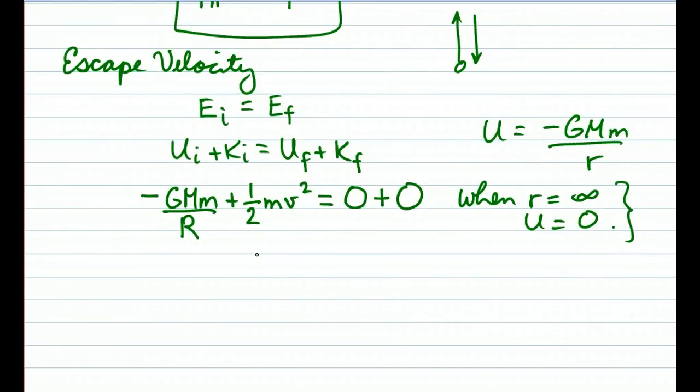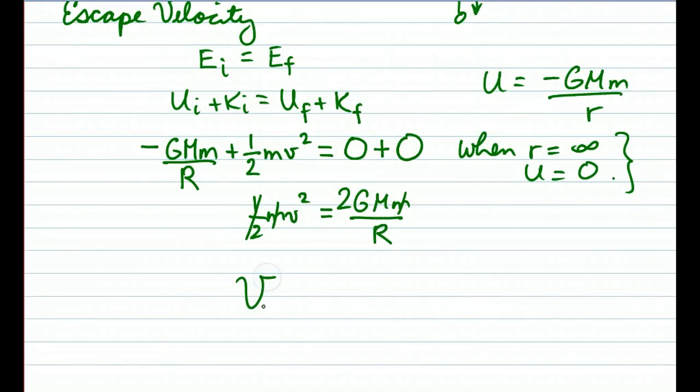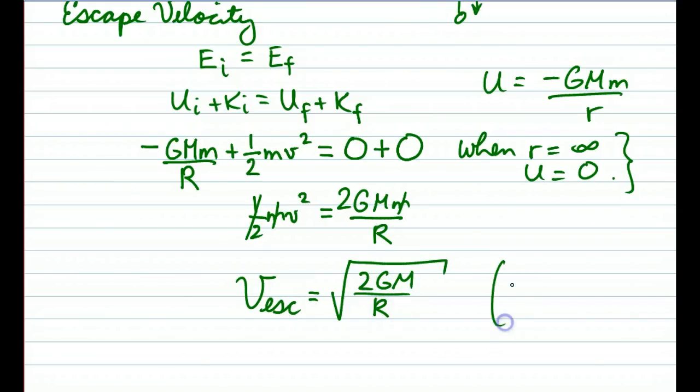So what this gives us is an expression where 1/2 mv squared is equal to GMm over R. And notice that again, the mass of the object cancels out. I multiply by 2 on each side, take the square root, and what I get is that the escape velocity is the square root of 2GM over R. Notice that this is the square root of 2 times orbital speed, which is kind of cool.